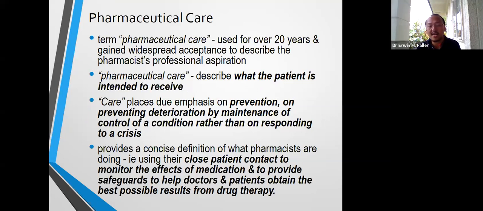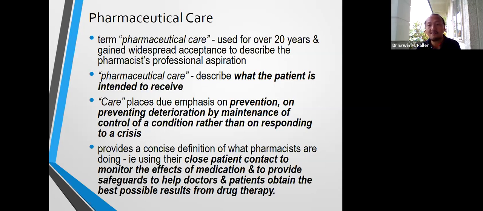It also provides a concise definition of what pharmacists are doing, for example, using their close patient contact to monitor the effects of medication and to provide safeguards to help doctors and patients obtain the best possible result from drug therapy.